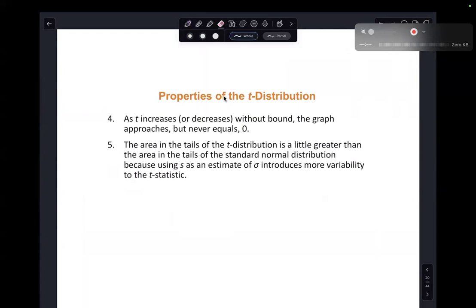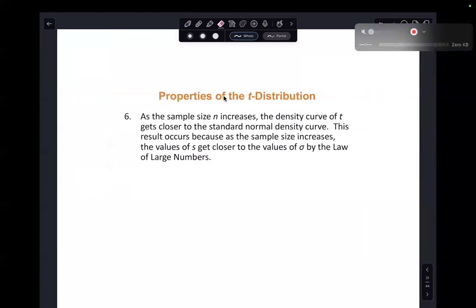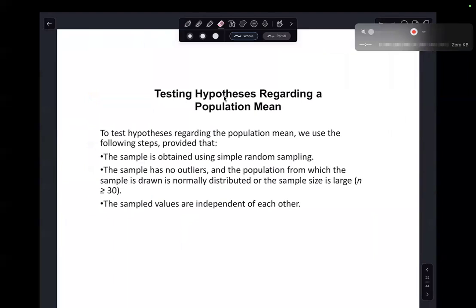It's still normal, but it's not as nice as the Z distribution. As our sample size gets larger and larger, our T distribution looks like the Z distribution. With larger sample sizes, our T score becomes a Z score.